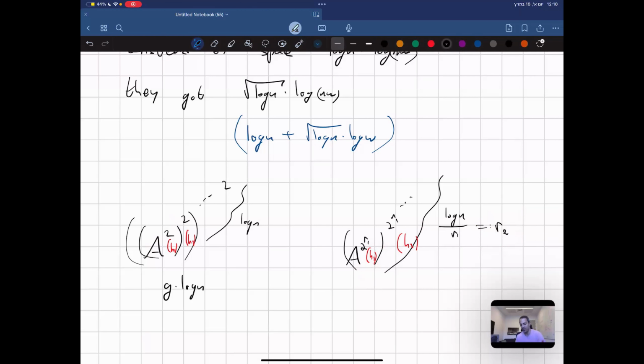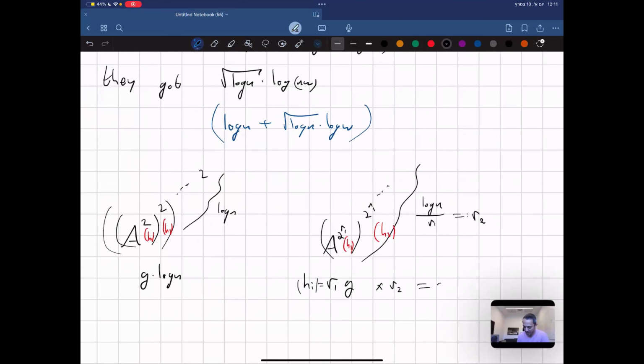It's going to be something that depends on r1, essentially r1 times g. But it just doesn't help, because if the length of every h_i is r1 times g, and you need r2 of those, then you get again g log n. Nothing happens because r1 times r2 is log n. In terms of seed length, nothing happens.